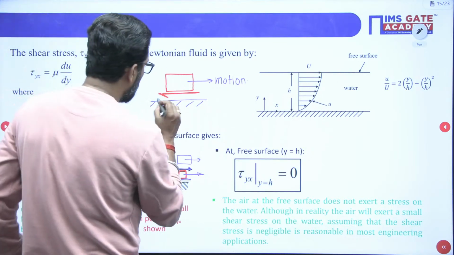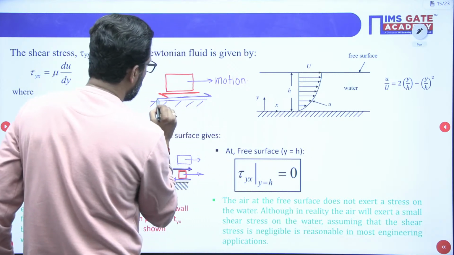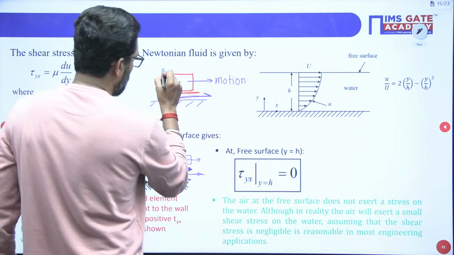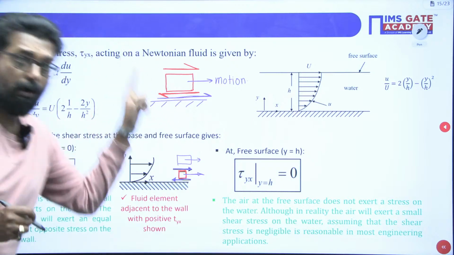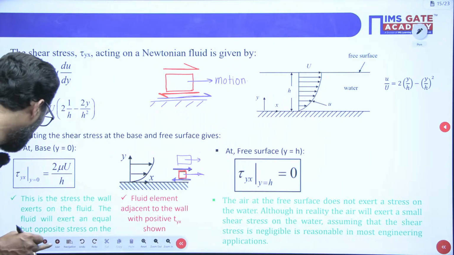Due to Newton's third law, on the wall, in this direction the shear stress is applied.